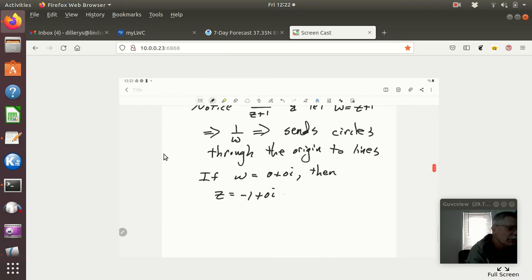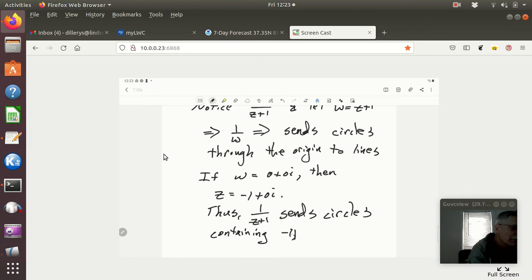And so what this says is, thus, 1 over z plus 1 sends circles containing -1 plus 0i to lines. And that is how we do it.